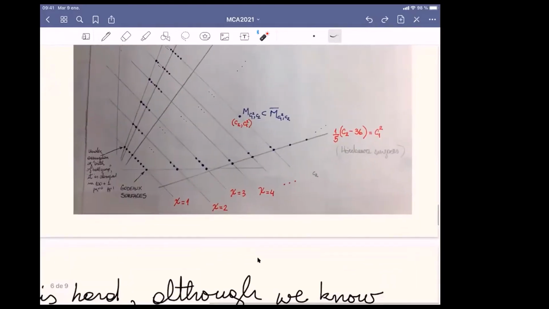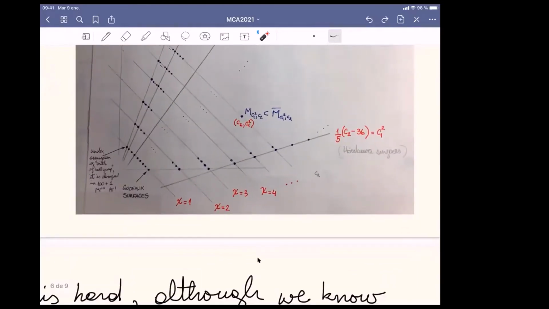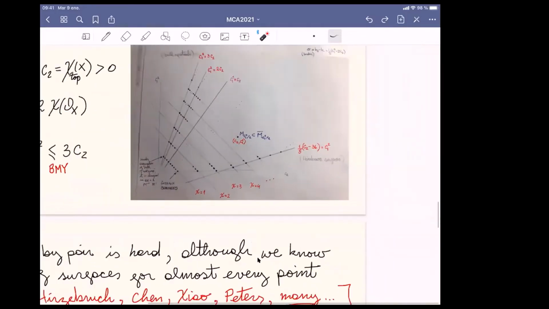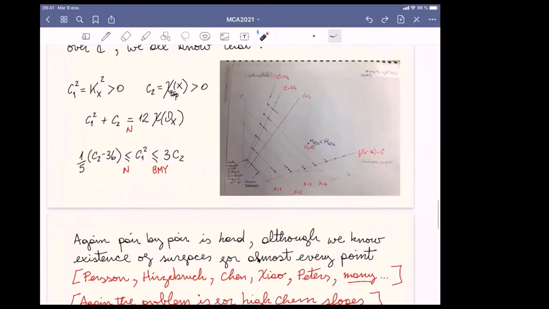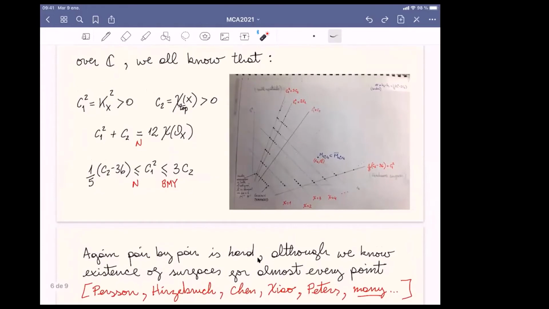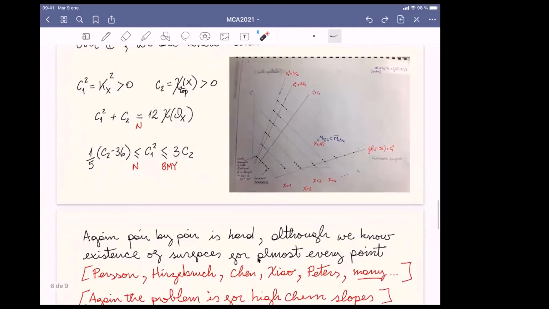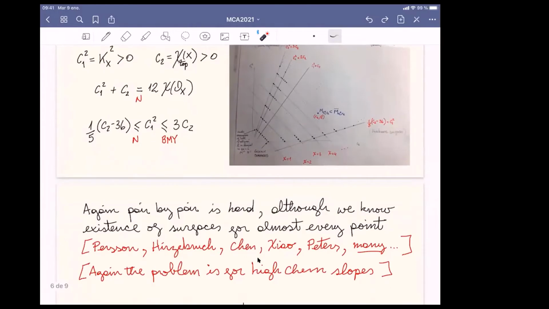Well, that is more or less okay. Now I cannot. Okay, I need to wait a minute. Okay, again, pair by pair. I have like 10 minutes. Pair by pair is hard, although we know existence of surfaces for almost every point.